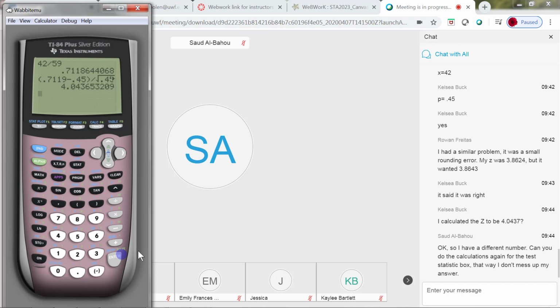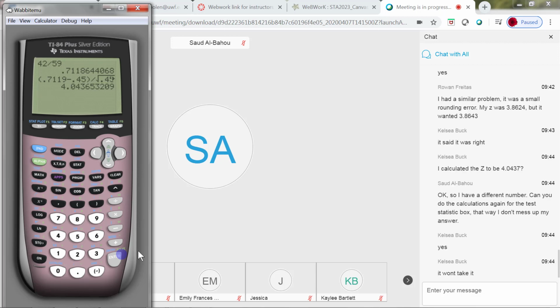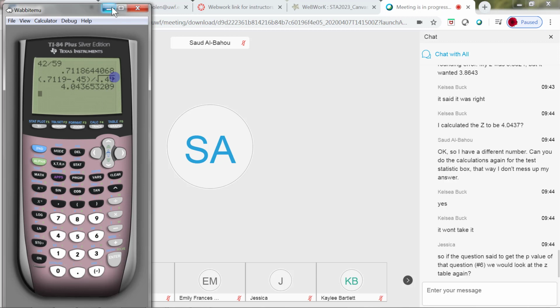That's correct, and it's saying it's wrong. I'll let you check your own, Saud, because we've already identified that there's a potential problem. So Kelsa is saying that that number is still wrong. Okay, please send me a screenshot of that and I will elevate it right back on up. Thank you very much.